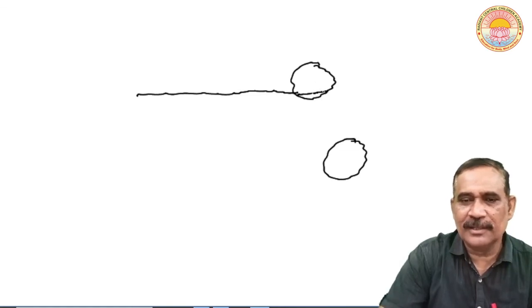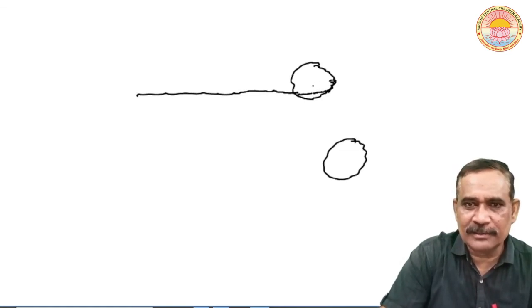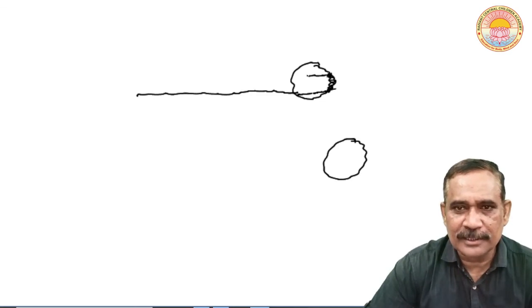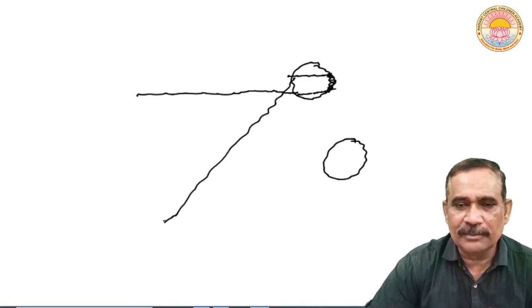This is the first refraction, then reflection. Now in the first water drop, the light is incident here and undergoes refraction, medium change, and again it follows reflection. This is the reflection process, then again reflection, and then finally it comes out from the drop.